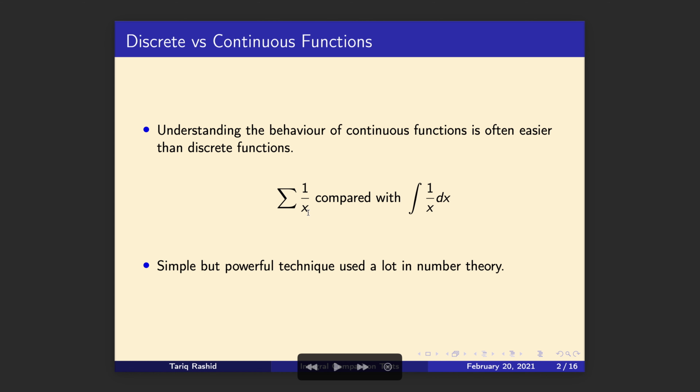Understanding how it behaves, how it grows, how it changes takes a little bit more work and sometimes a lot of work, whereas understanding how an integral of a smooth continuous function behaves is a lot easier, and that difference is the basis of this technique.